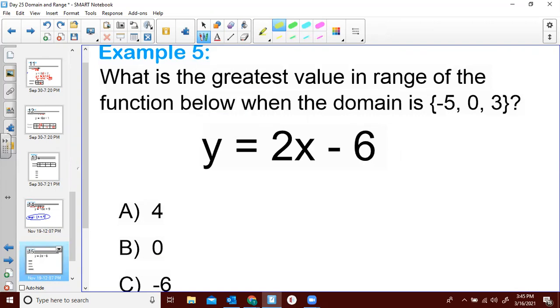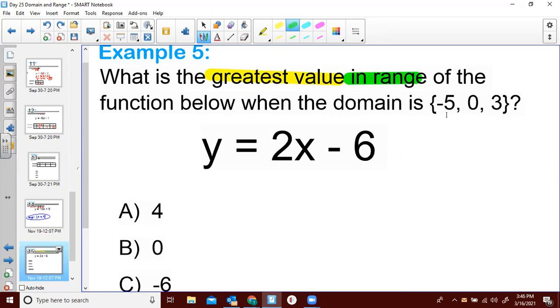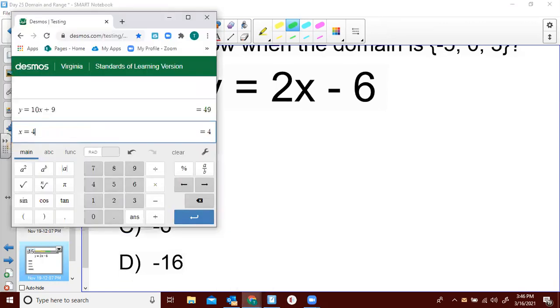What is the greatest value? And that's going to be in the range of the function below when the domain is -5, 0, and 3. Well, in Desmos, you want to type out your formula, your equation or function. Hit that X equals, and let's test all of our values.